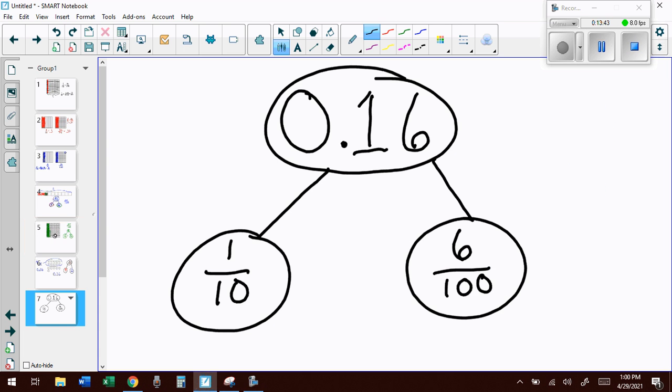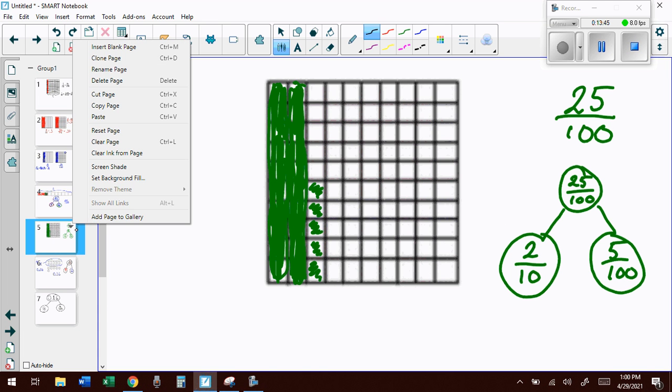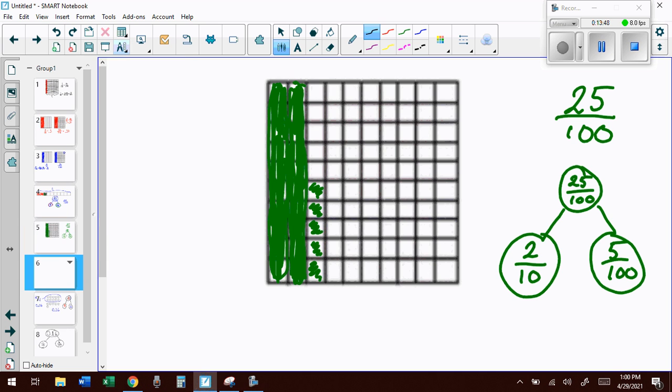I want to go back up to this one, slide number 5, and I am going to clone it. Clone! Ta-da! Okay, so what I have here is not only 25/100ths, but I have, if we look at this closely using our benchmark fractions, we have 1, 2, 3, 4, 5, 6, 7, 8, 9, 10 in each column. 1, 2, 3, 4, 5.